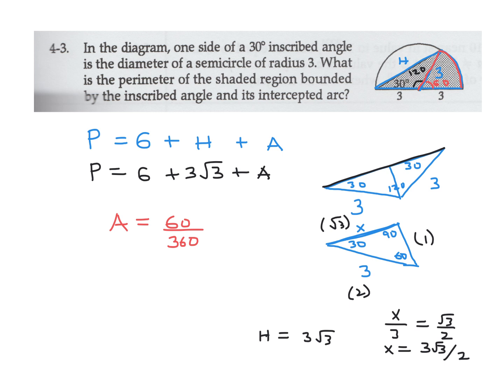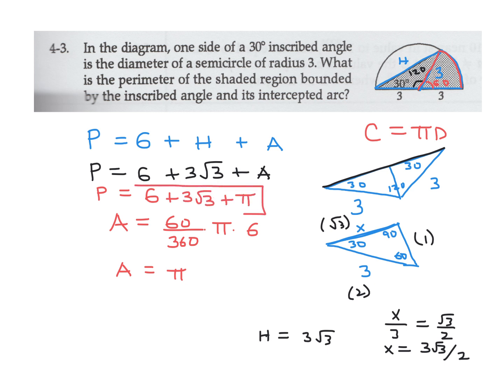The circumference is pi times diameter, so pi times d. D in this case is 6, so that gives me just pi. So the perimeter is equal to 6 plus 3 root 3 plus pi. I think that should be sufficient. If you want, you can calculate it out and put it as a decimal, whatever that works out to.